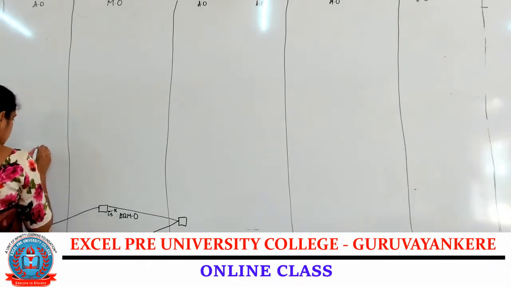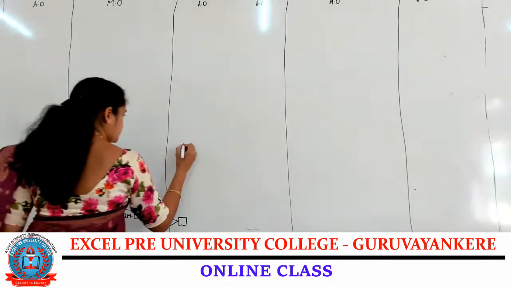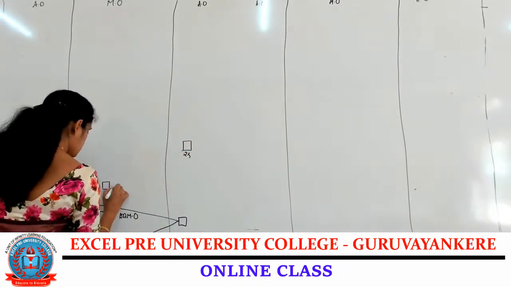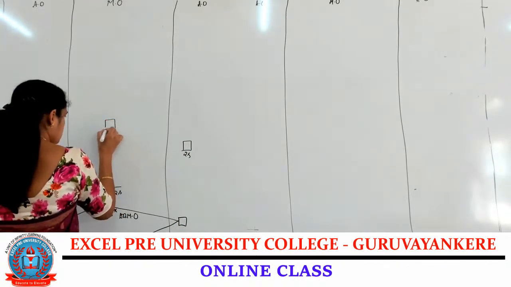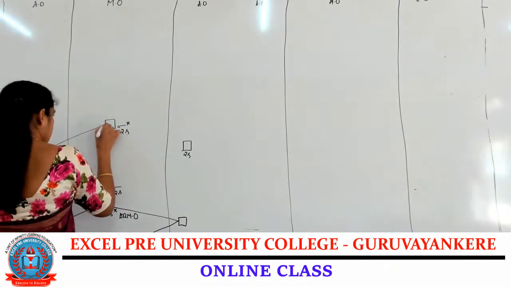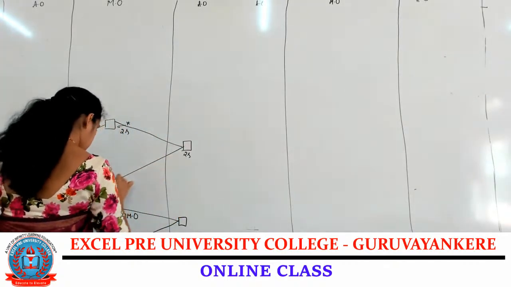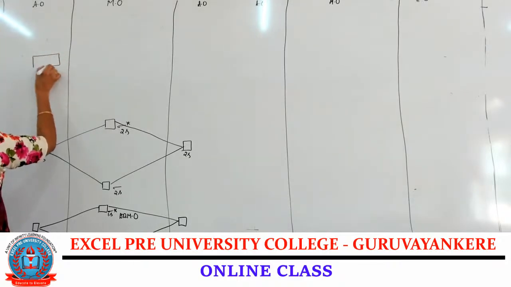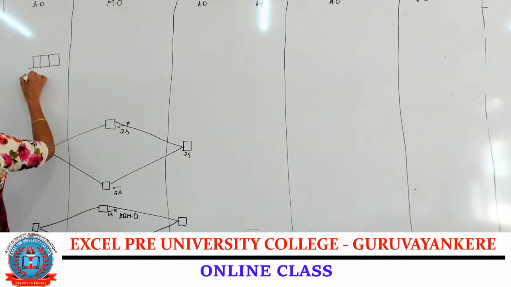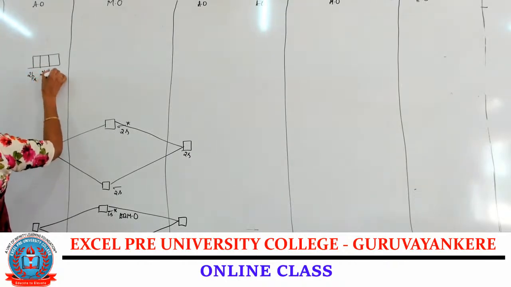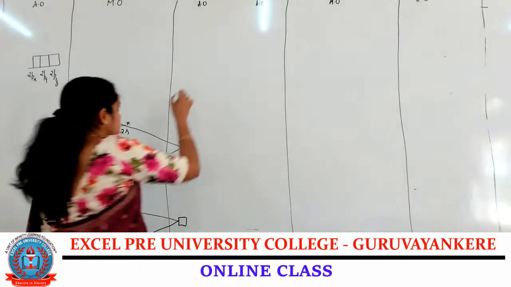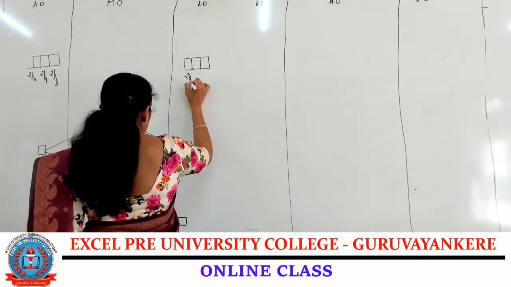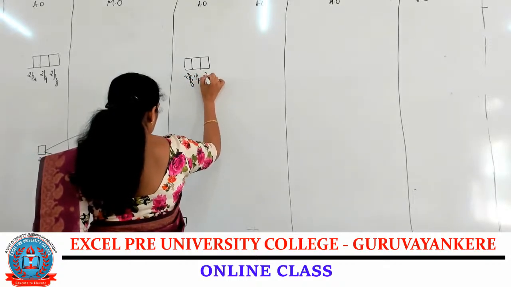Next, I am writing the 2s: sigma 2s, sigma star 2s. Then 1s, 2s, 2p now: 2px, 2py, 2pz.